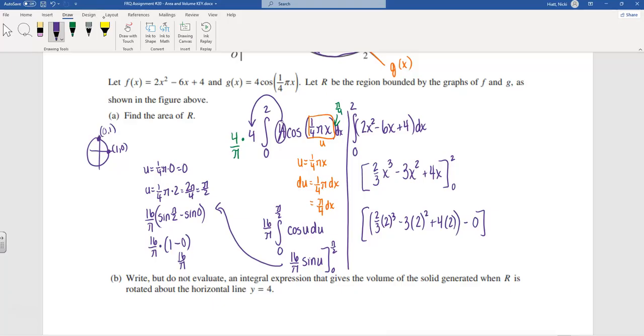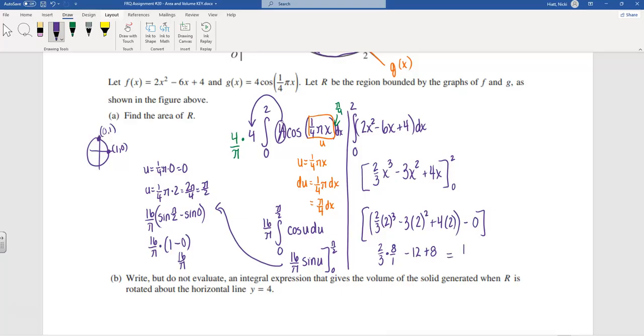And then if I simplify what I've got over here, I've got 2/3 times 8 minus 12 plus 8.